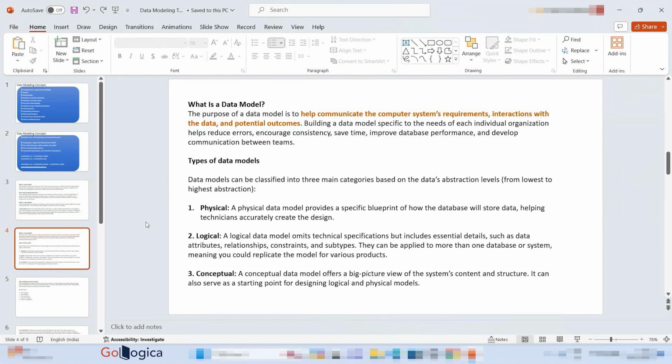Going back to database concepts, when we design a database, we have two things.